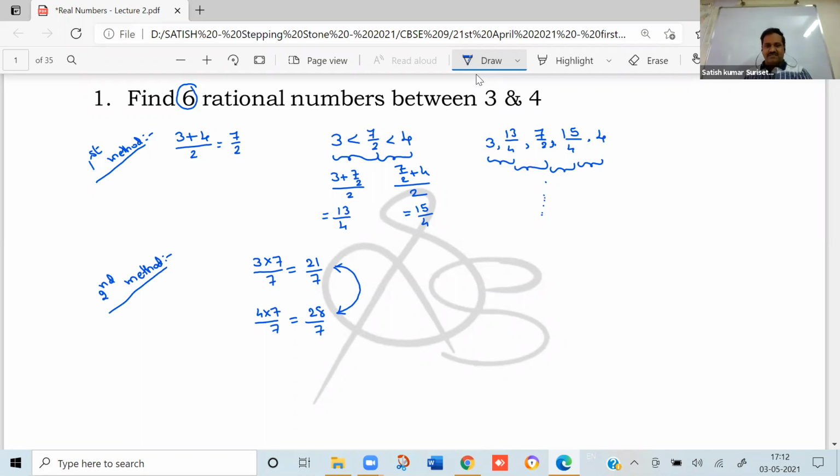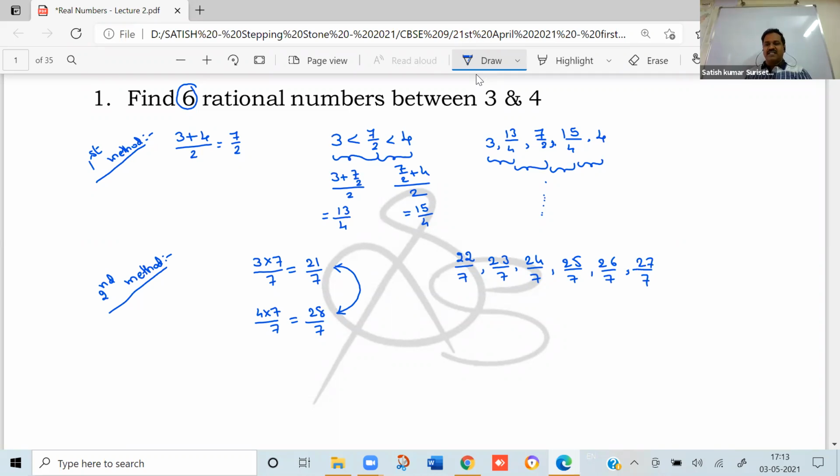What are the numbers between 21 and 28? You can take 22 by 7, 23 by 7, 24 by 7, 25 by 7, 26 by 7, next 27 by 7. The next one will be 28 by 7 only.